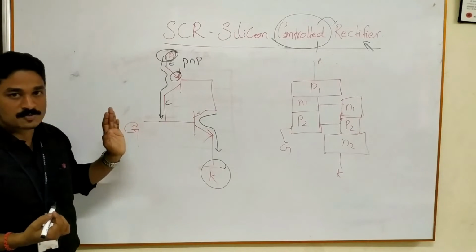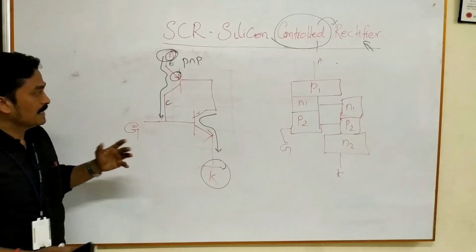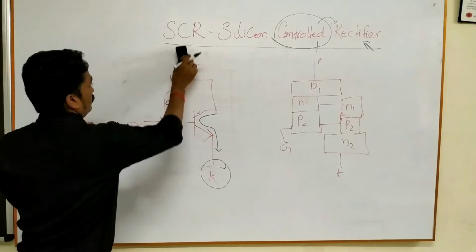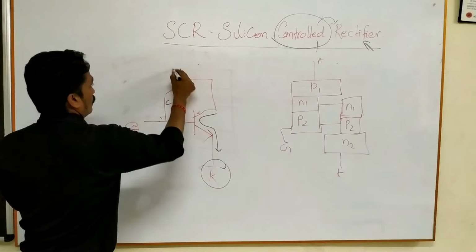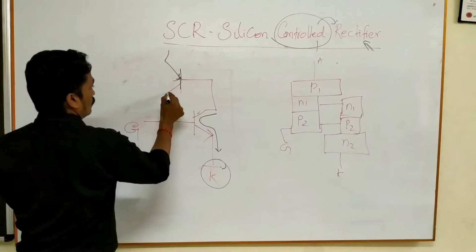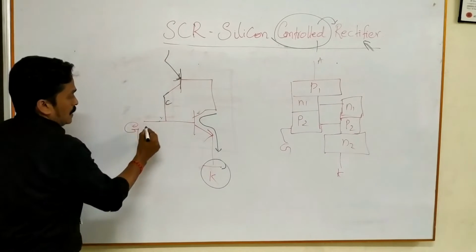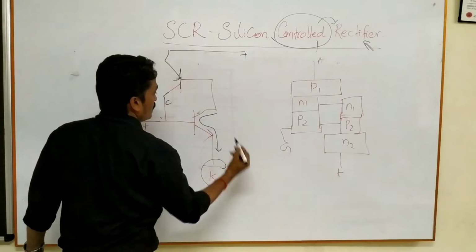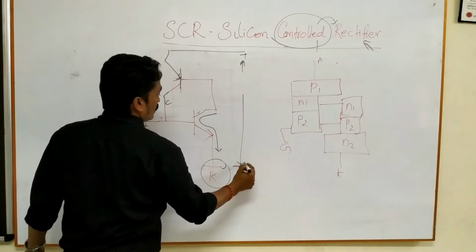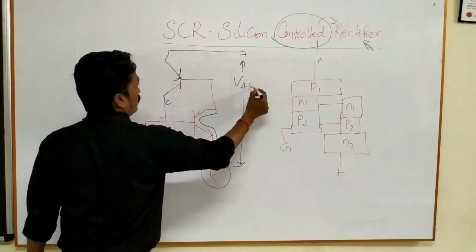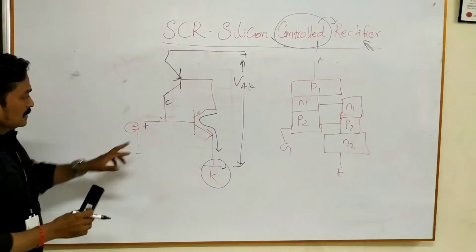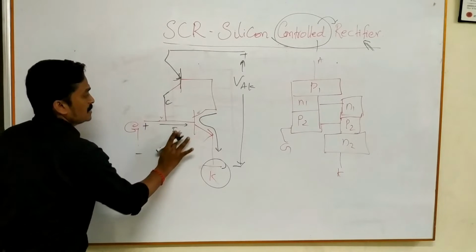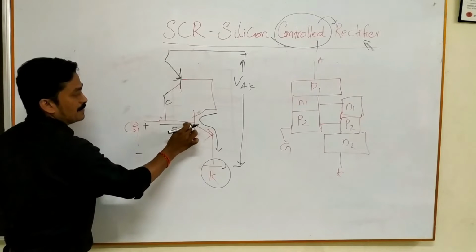And this is the transistor model. This can be explained simply with the help of the transistor model. If we apply positive and negative VAK, the anode-cathode voltage, then the gate will give some current IG, and that IG is nothing but the IB current.